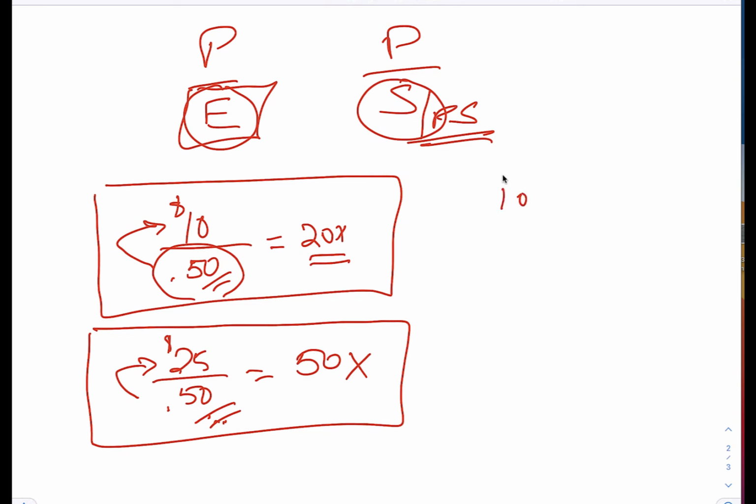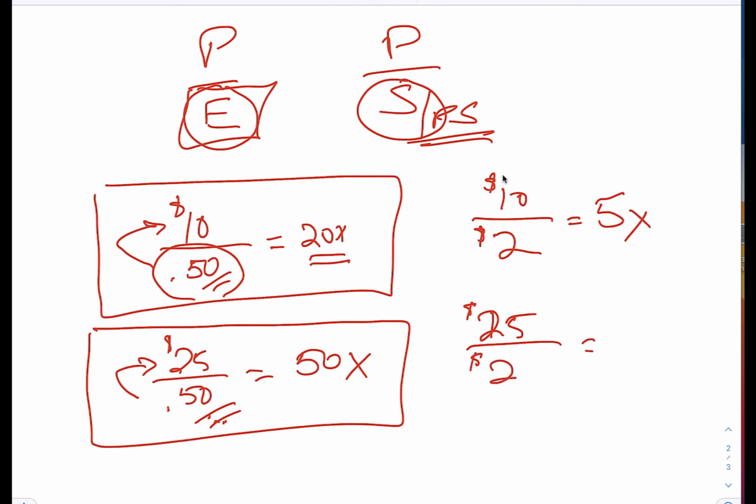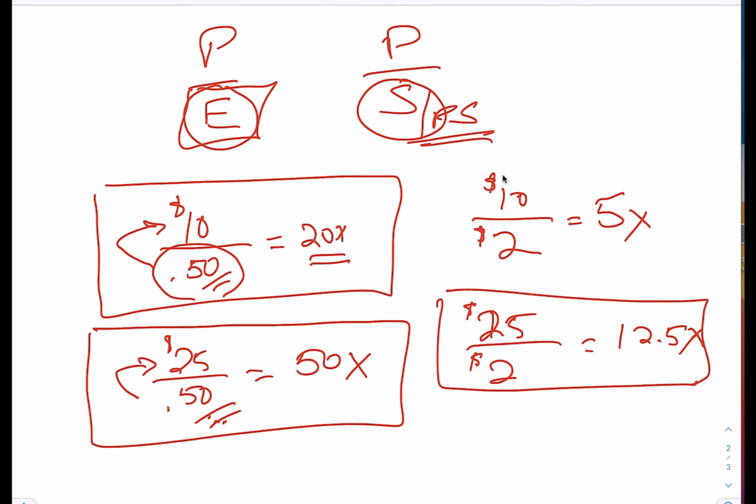So if we had a $10 price here and sales per share were $2, then we'd have a price to sales ratio of 5 times, which basically says, look, the price is 5 times the sales per share. And then if we had a $25 stock with a $2 sales per share, we'd get a 12.5 times price to sales ratio. And so again, using the same logic, this stock would be, all else being equal, overvalued relative to this stock.